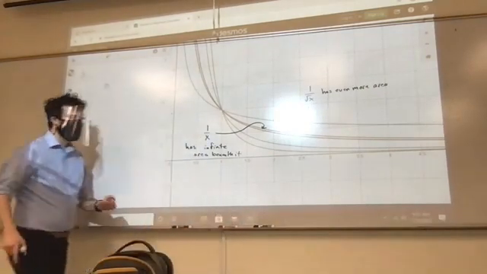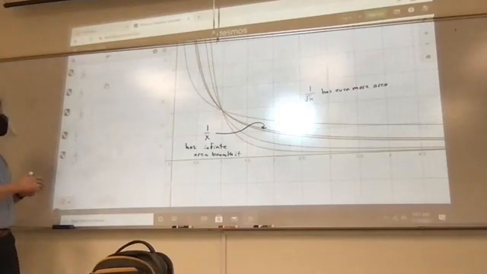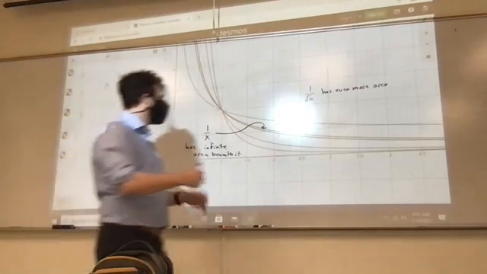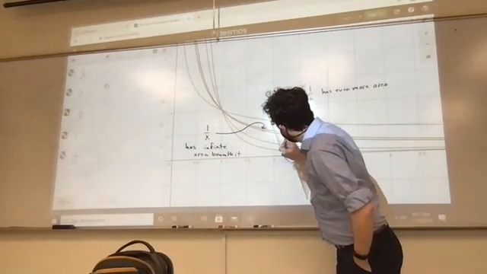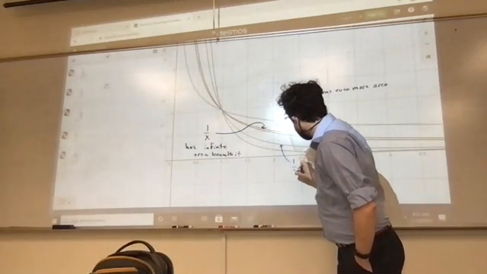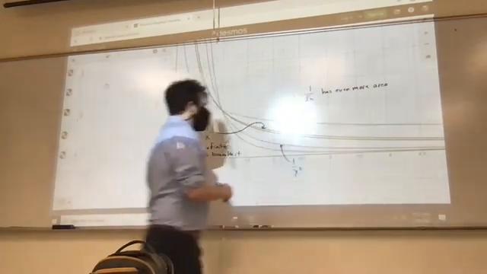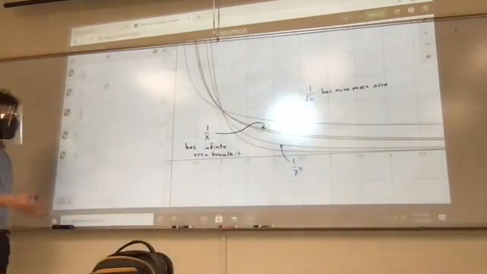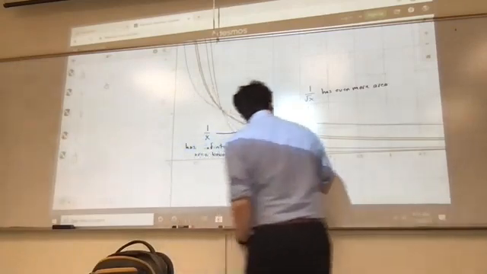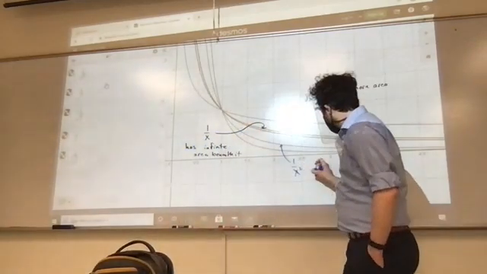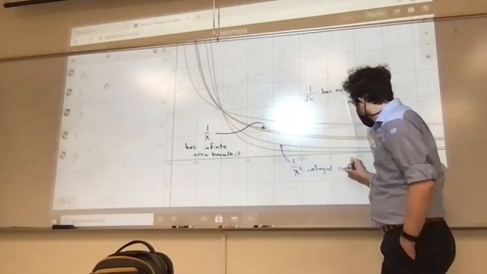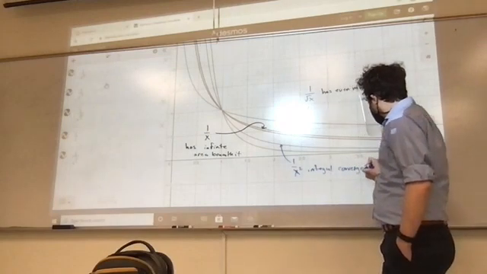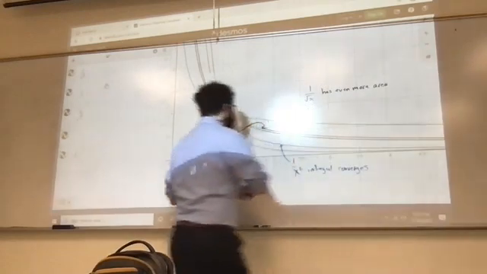But we can also say the opposite way. So this line here is 1 over x squared. We just checked earlier today that its integral converges.